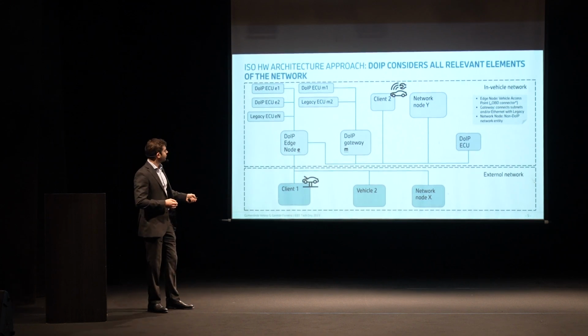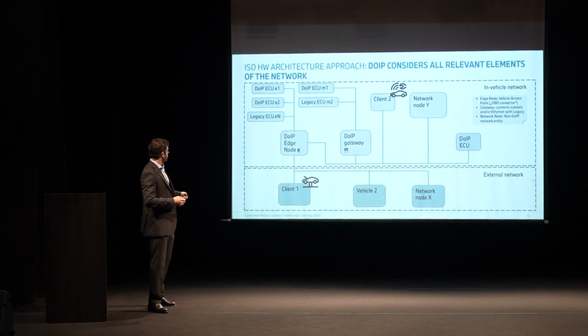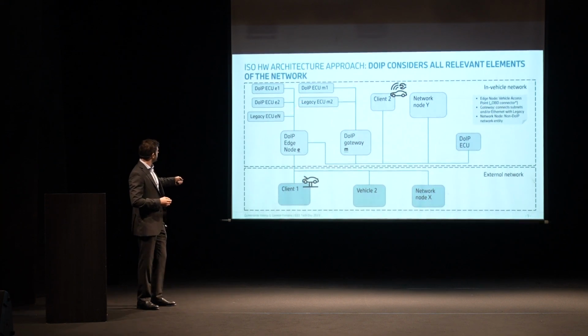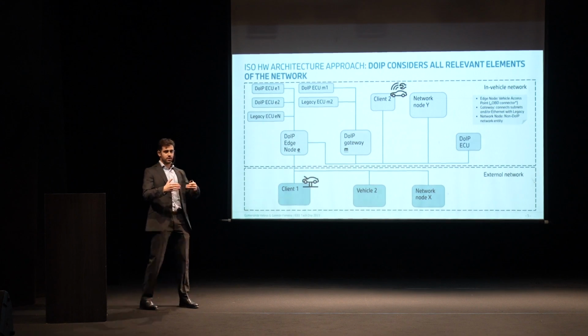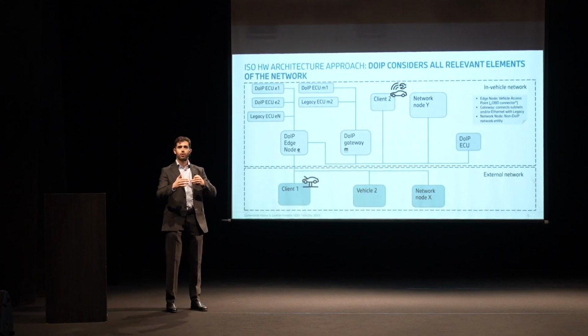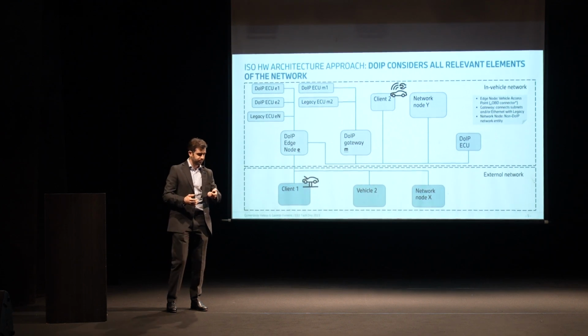Then in the vehicle network, we can find some of these elements. So we can find, for example, the edge node, which is basically your separating point between your external network and your internal network, which could be basically where you connect your OBD cable.